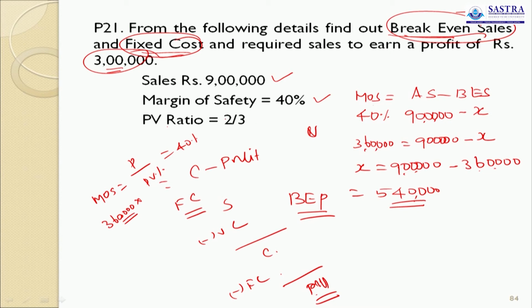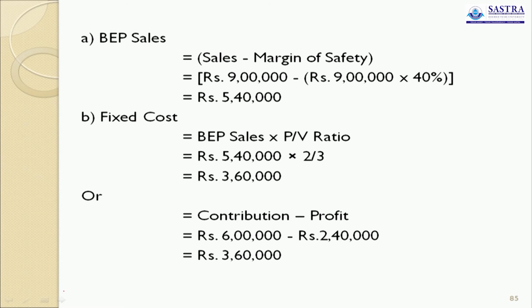Then PV ratio is 2/3, they have given PV ratio as 2/3. So apply this 2/3 and finally we will get the fixed cost. Fixed cost is break even sales into PV ratio, very simple. Break even sales is 5,40,000 into 2/3, 3,60,000. This is fixed cost.